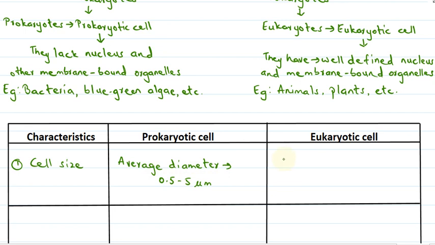Okay, and in case of eukaryotic cell, the diameter varies between 0.1 micrometer to 40 micrometers. Okay, so this is the cell size.